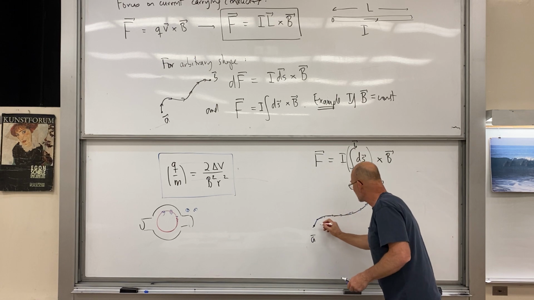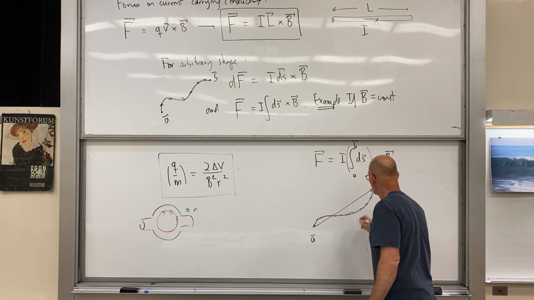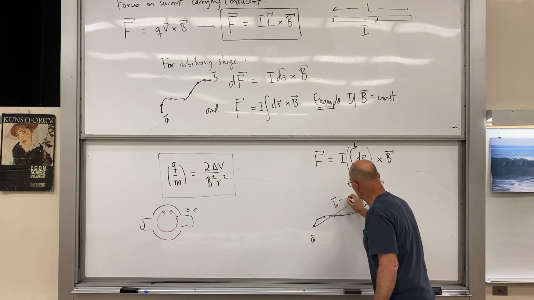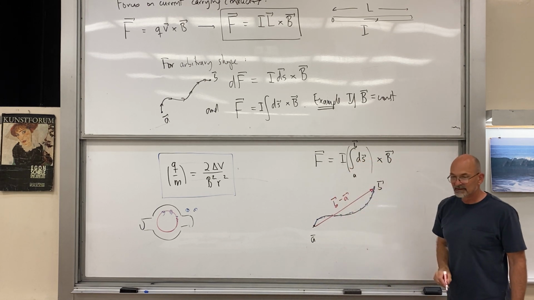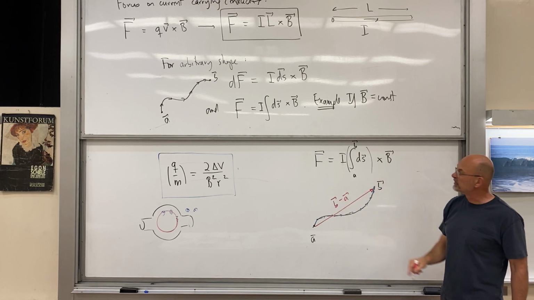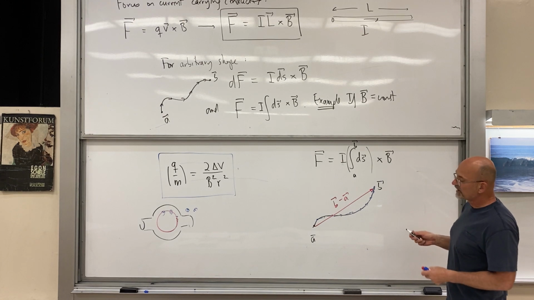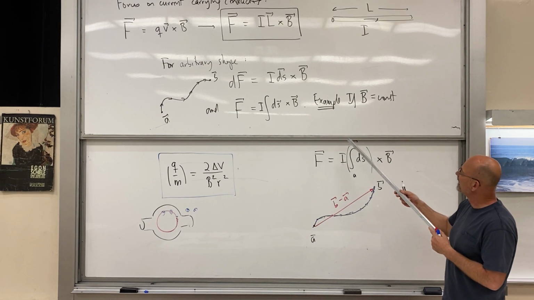In other words, it's equal to this red one here, which we could just call B minus A. And we could have done a couple of loops before we get to B. It would be the same thing.